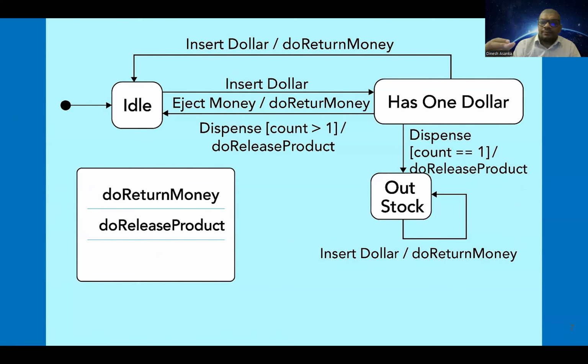If you have a $1 and your item count is larger than 1, you will release the product. If you are out of stock and someone inserts a coin, a dollar, you will return the money. So we are basically linking 3 things in this design pattern: state, triggering events, and behaviors.